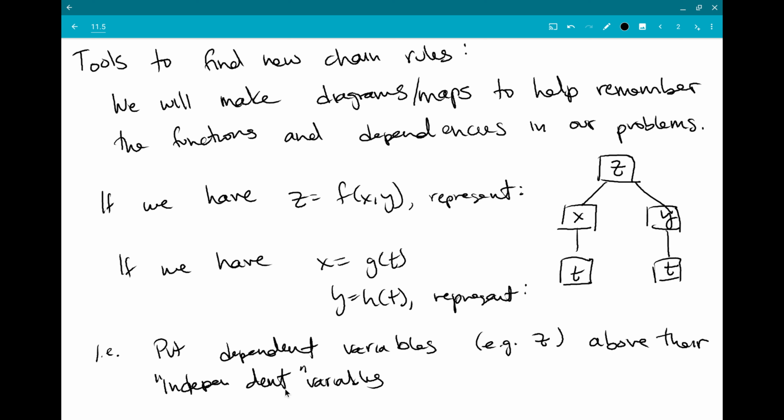and I'm going to put independent variable in quotes because even though as far as z is concerned, maybe x and y seem independent, actually x depends on t, y depends on t. So maybe we'll call these input arguments.